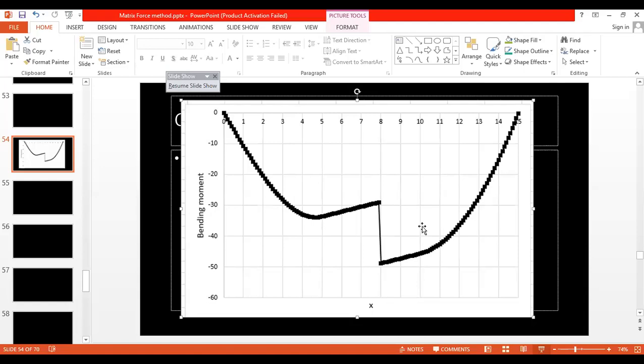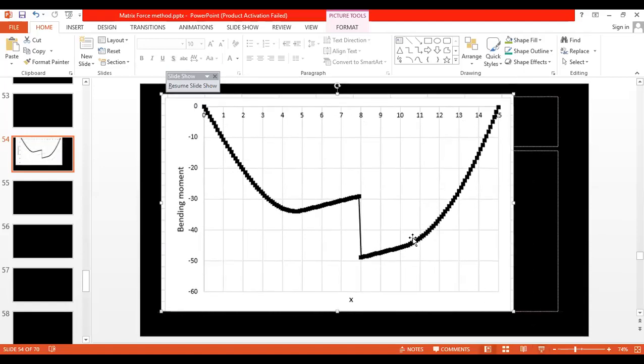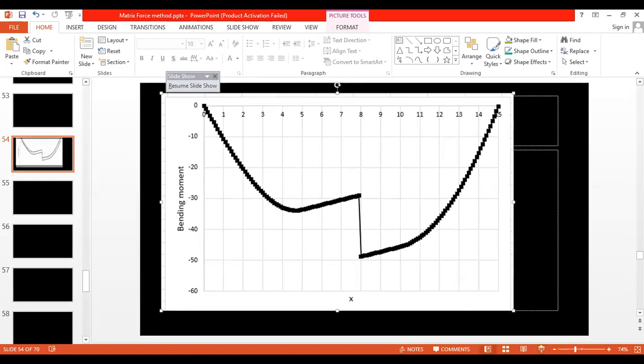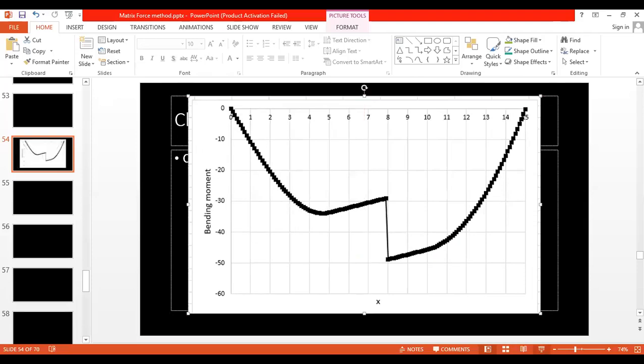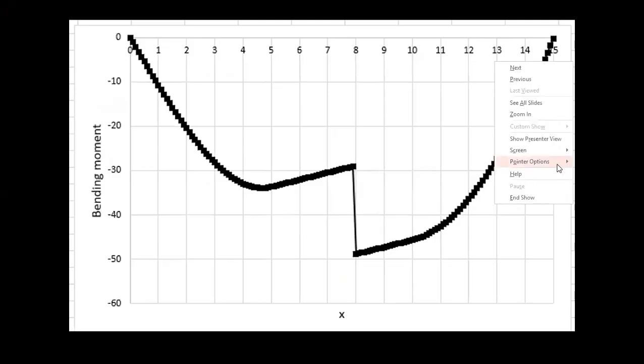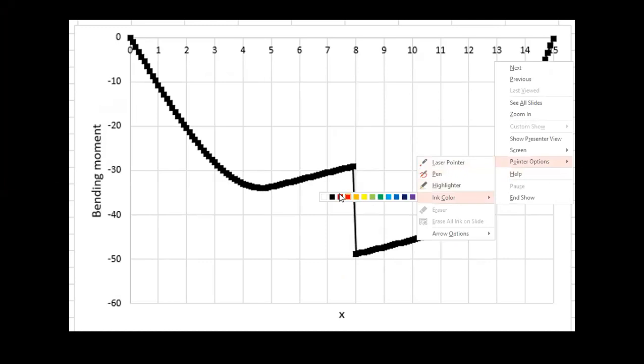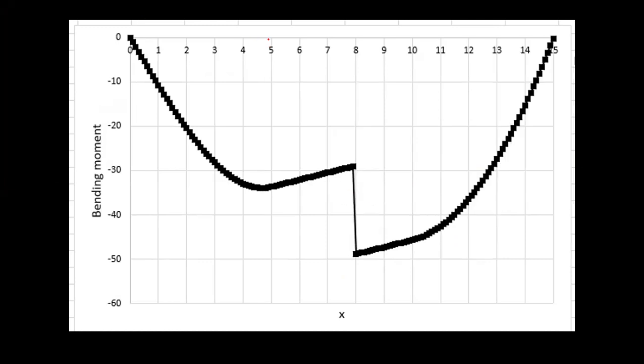So when I draw that curve with x, I'm getting the entire thing negative. The entire bending moment diagram is negative. So how will you interpret this? In this region up to 5, you have this kind of loading in the bending moment diagram.